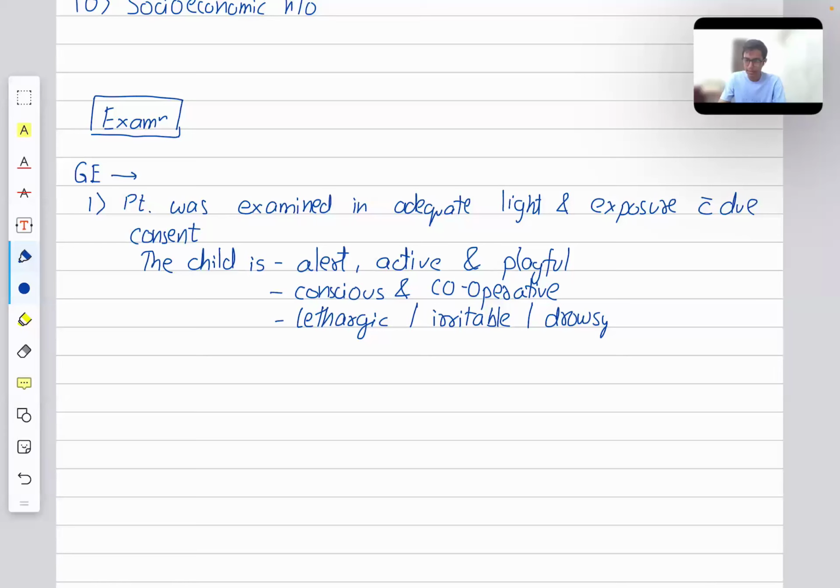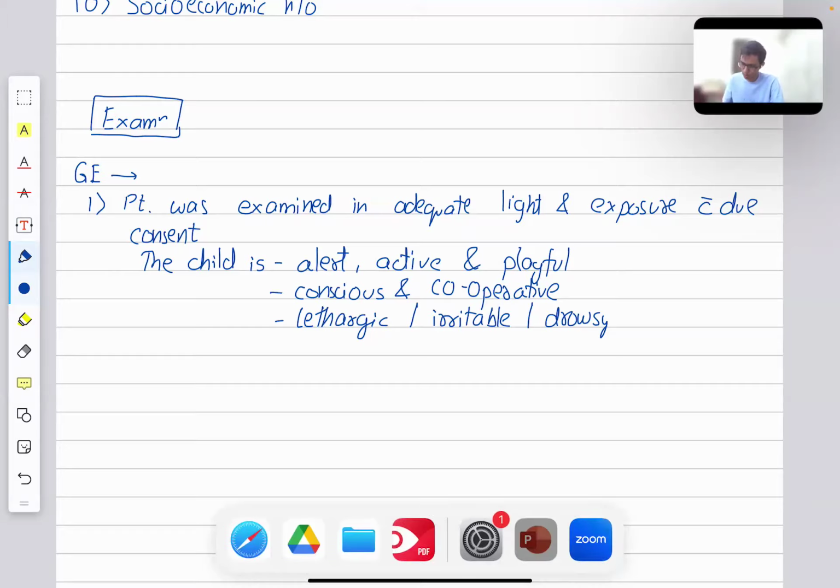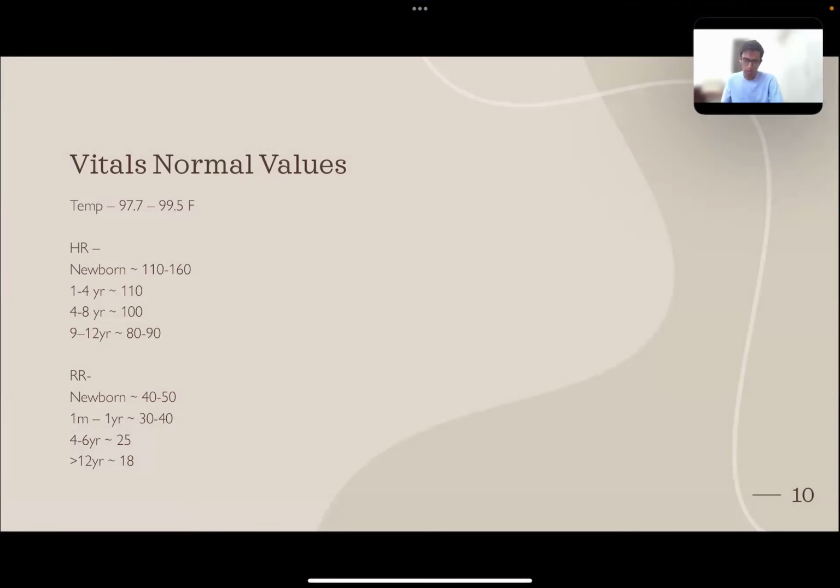Then comes vitals. So it is important to remember the normal values. Again, these values are not exact and precise, but they have been rounded off and will help you to better remember these values. So you can prepare these and say these in your exams.